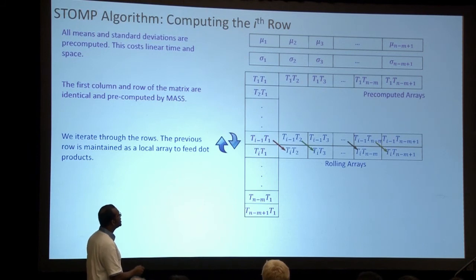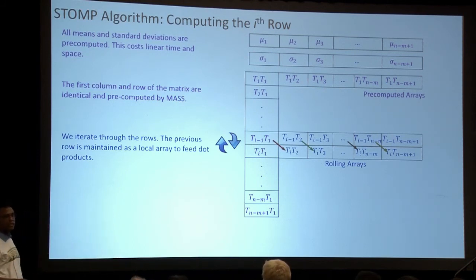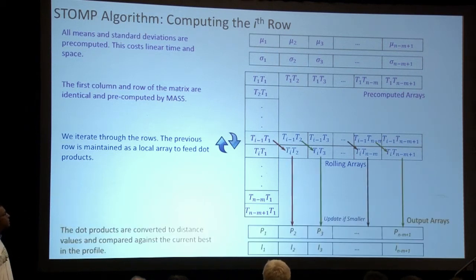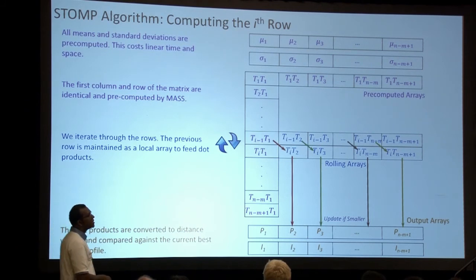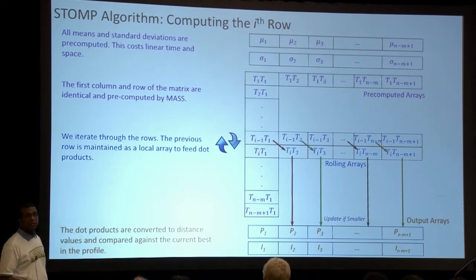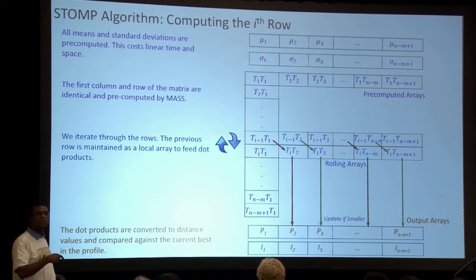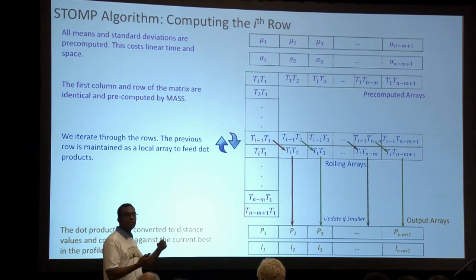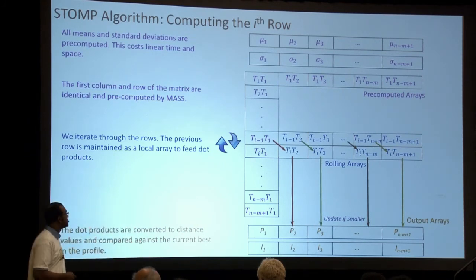You just take the values with a constant operation from the previous diagonal entry. If you keep doing that while maintaining the matrix profile and index, you arrive at the STOMP algorithm. This is a quadratic time algorithm, not n square log n, because you are reusing the dependency between the 2 rows.